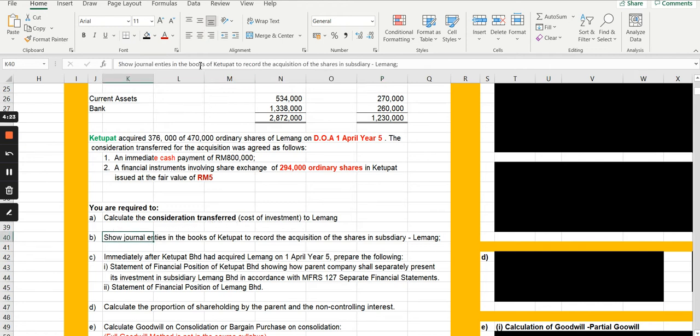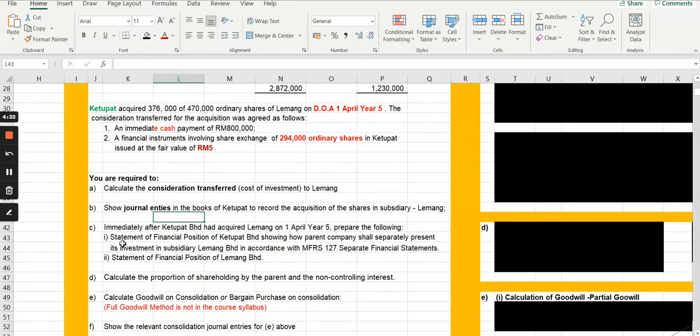Also, we're going to learn how to show the journal entries in the books of the acquirer to record the acquisition of shares in the investee. And then immediately after the journal entries, after the acquisition, Ketupat will prepare the statement of financial position showing how Ketupat as a parent will present the investment in the subsidiary.